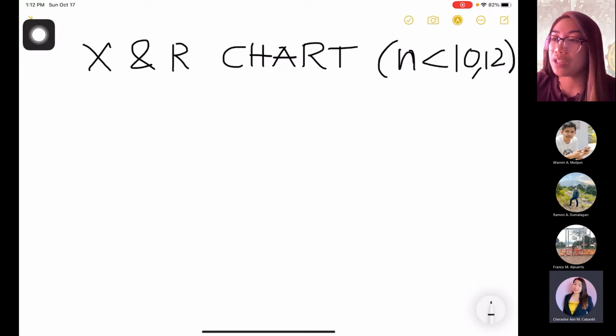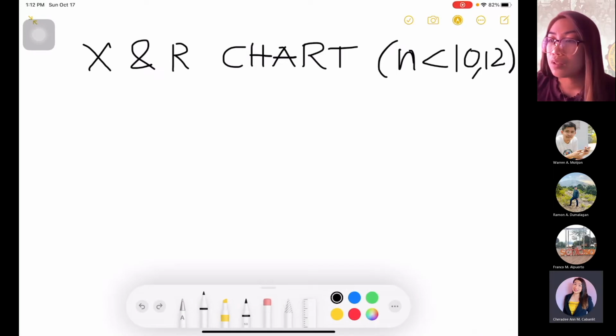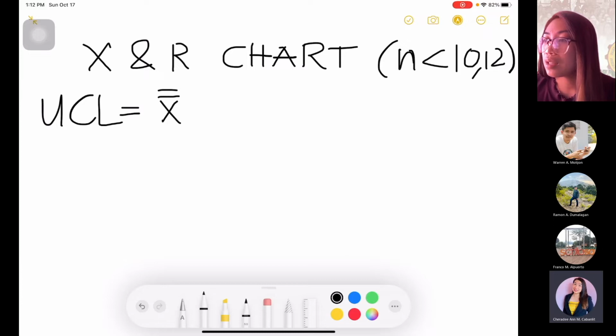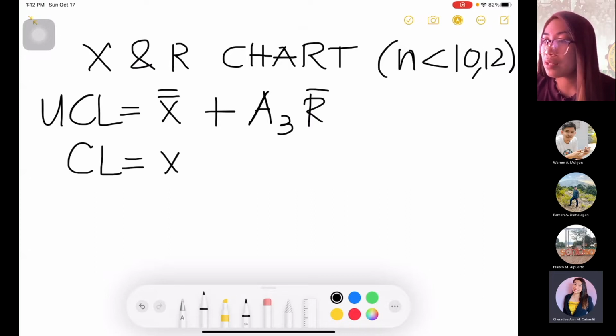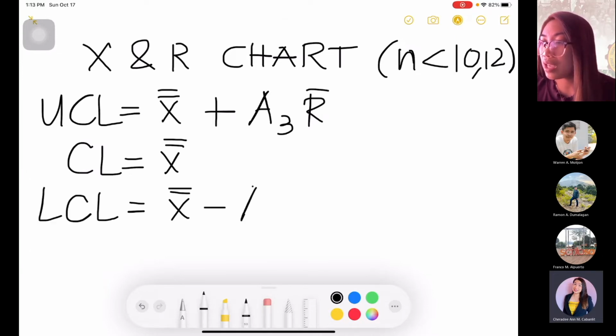So the formula for X and R is, for the upper control limit, UCL is equal to double bar X plus A3 R bar. CL is your double bar X, and then your LCL is double bar X minus A3 R bar.